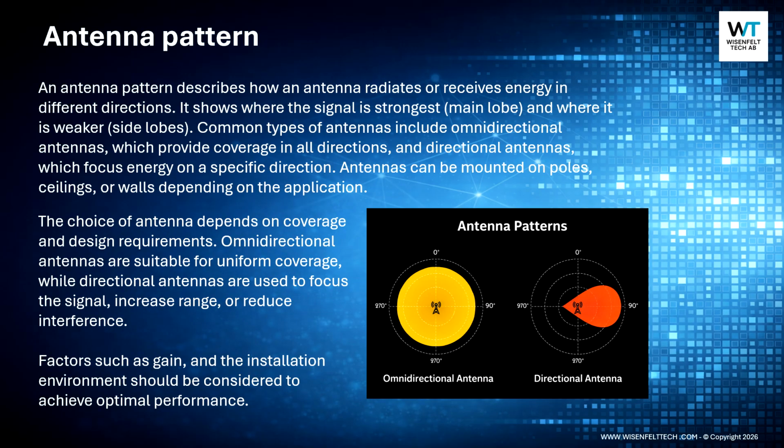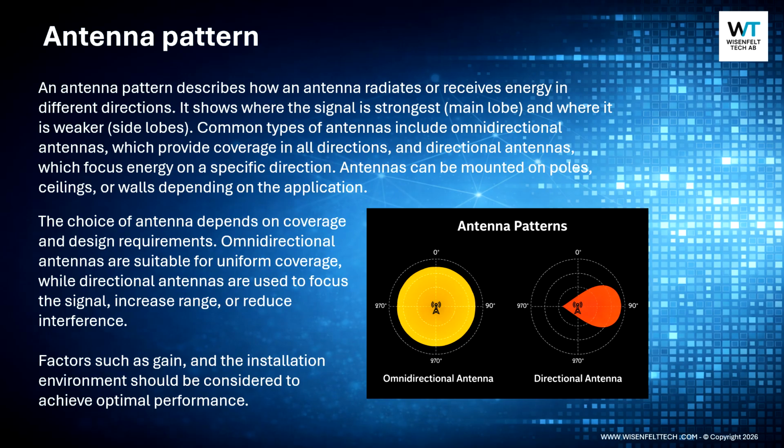An antenna pattern describes how an antenna radiates or receives energy in different directions. It shows where the signal is strongest, the main lobe, and where it is weaker, the side lobes. Common types of antennas include omnidirectional antennas, which provide coverage in all directions, and directional antennas, which focus energy on a specific direction.